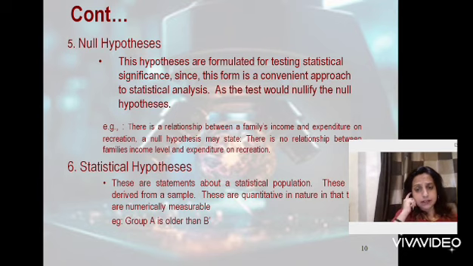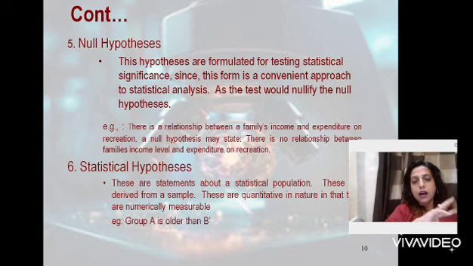So when we are showing there is a relationship between two particular variables, it becomes the alternate hypothesis, and when we show there is no relationship between two variables, it becomes the null hypothesis. So I said that we can say they are two sides of the same coin.